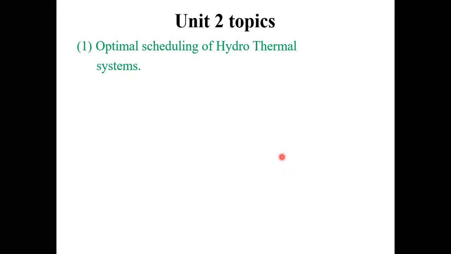We are bringing the same concept to the second unit, but the difference is that here we are taking two different power plants, hydro and thermal. In this, we are going to learn how power is shared optimally between hydropower plants and thermal power plants.